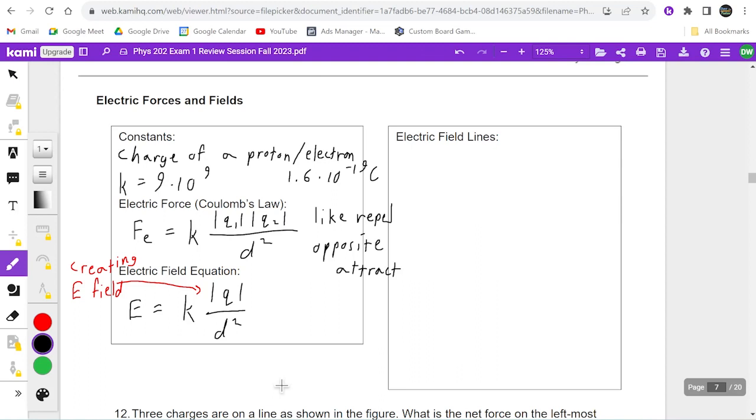And then for the other equation, we actually have a second equation for electric field. That is E equals F over absolute value of Q. This is the other charge. This is the charge being affected by the E field.